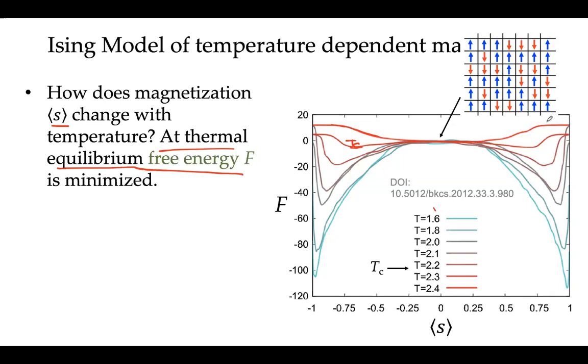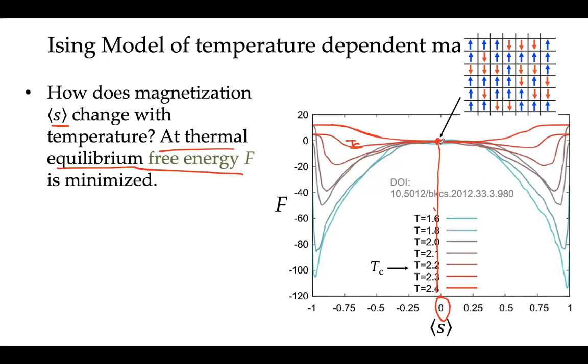If you're at high temperature, then everything is randomized, so there's really no magnetization. If you minimize this curve, the minimum occurs somewhere here, right? This is the free energy minimum. What is the magnetization that corresponds to this point? As you can see, it is 0. So at this point, there's no magnetization.